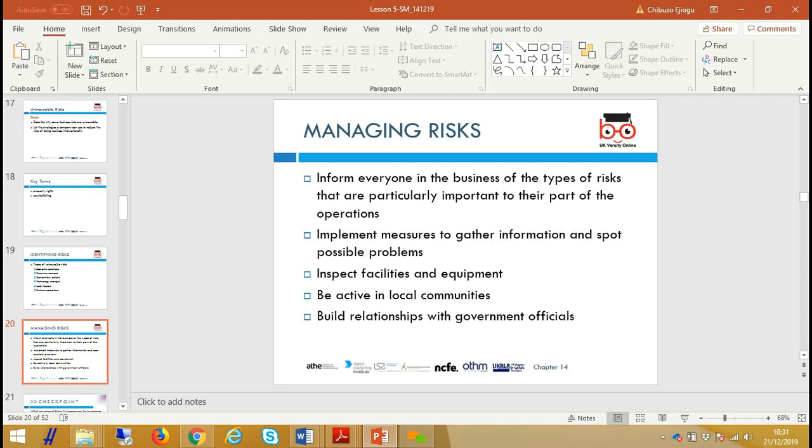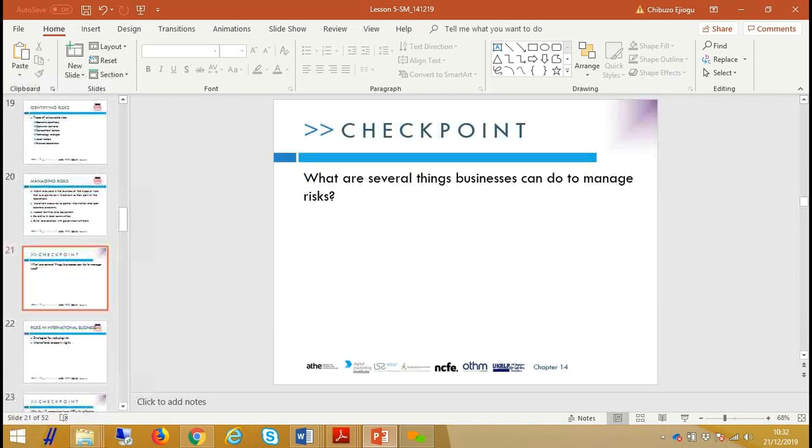Inspect your facilities and equipment, especially for health and safety, and that people are following proper procedure, wearing their helmets, wearing their hand gloves. If they are slack on that, it may cause industrial accidents. If you're active in local communities, it may help prevent risks, especially reputational damage. Build relationships with government officials, try to understand where the regulation is heading and what they want from you.